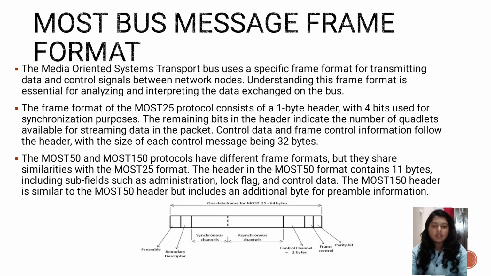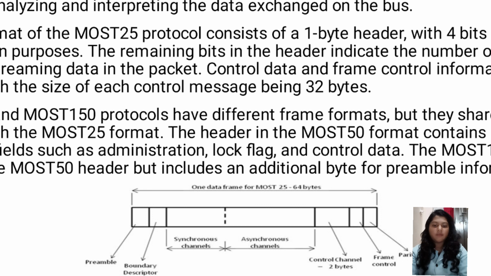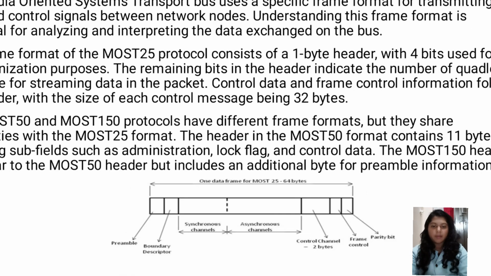Here we can see the MOST bus message format. One data frame for MOST 25 is 64 bytes, with synchronous channels and asynchronous channels. And here we have boundary descriptors, control channel, frame control, parity bits and preamble.